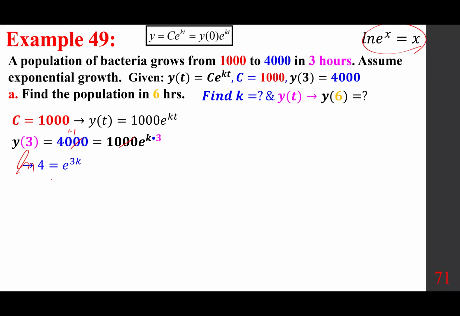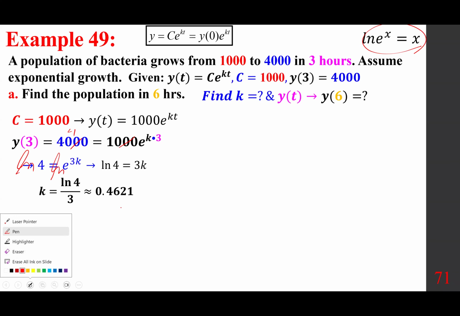Either way makes no difference. If I take the natural log, the left side is ln4, the right side is 3k. K is ln4 divided by 3. And you really have to go with a lot of decimals. If they don't mention, go with 4, 5, 6 decimals to be on the safe side, or even more, okay?